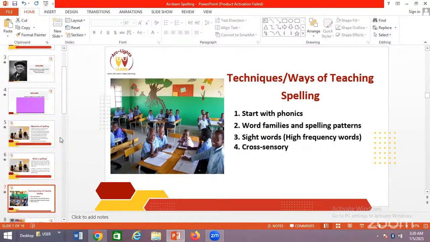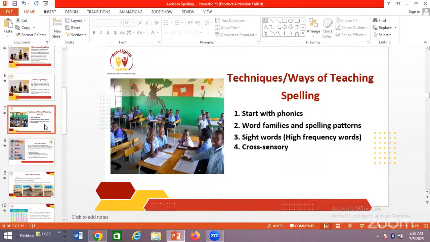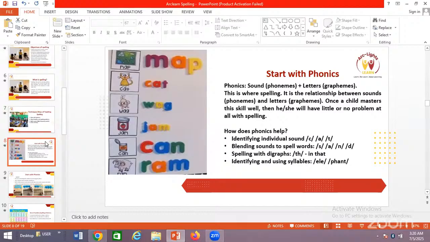So let's look at phonics. What is phonics? Phonics simply means sound and letter coming together. We call the sounds phonemes. We call the letters graphemes. So when you put the phonemes and the graphemes together, you're doing your phonics.